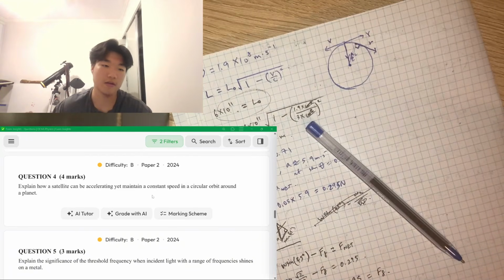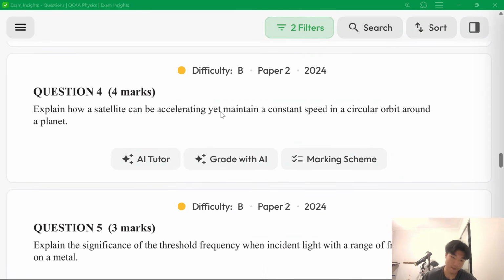Okay, let's think about it. So a constant force, centripetal force, is required to maintain the orbit, right?